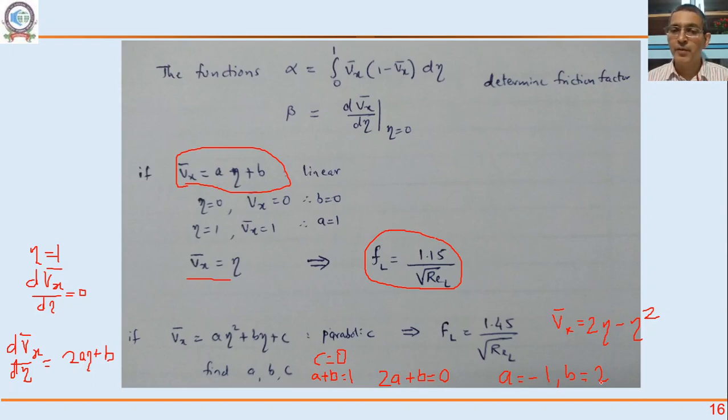You get that? If you use this to evaluate the values of alpha and beta, you will get friction factor for the whole length of the plate as 1.45 divided by square root Rel.